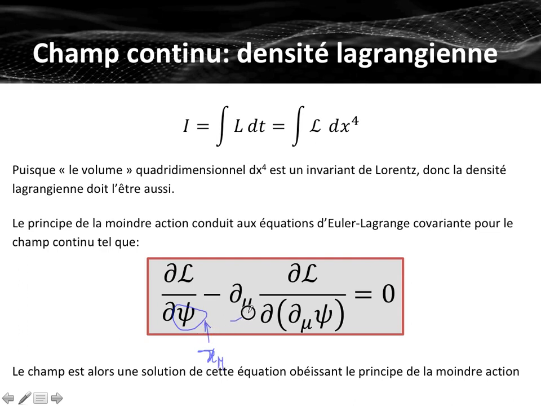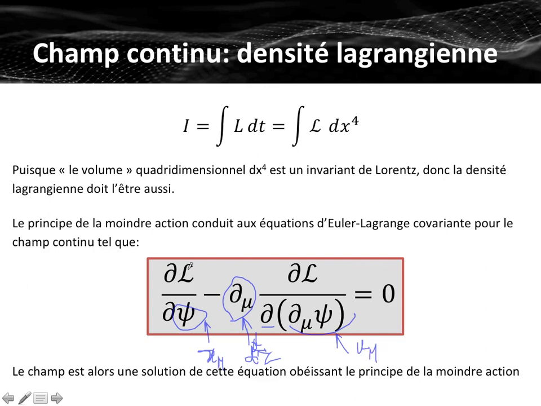And instead of d over d tau, we replaced it by the 4-vector gradient. And then here we have, let me change this, and this came instead of the variation of x mu, which was u mu.